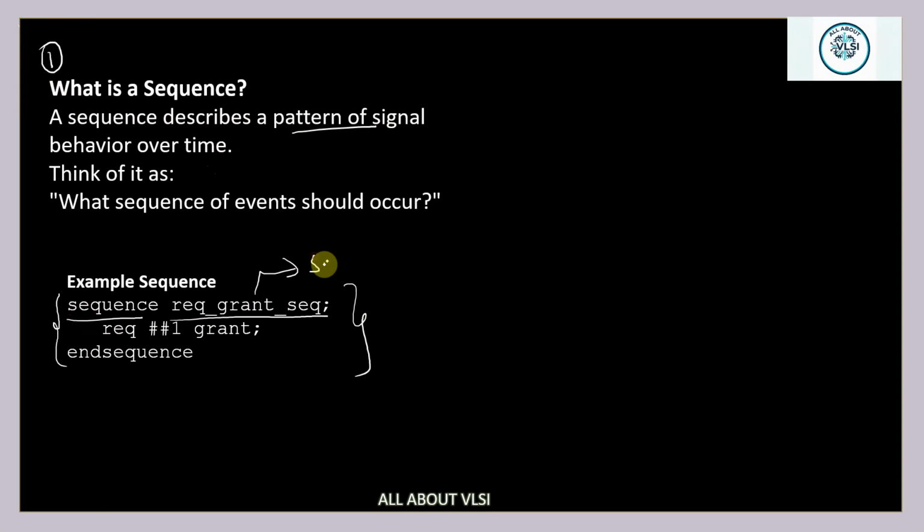A sequence is kind of a mathematical expression, or rather whatever timing behavior you're going to have, so you can write it inside a sequence. A sequence is nothing but what sequence of events should occur.